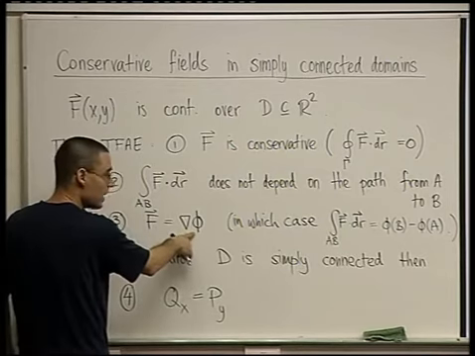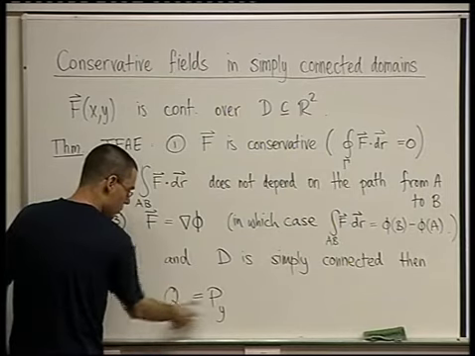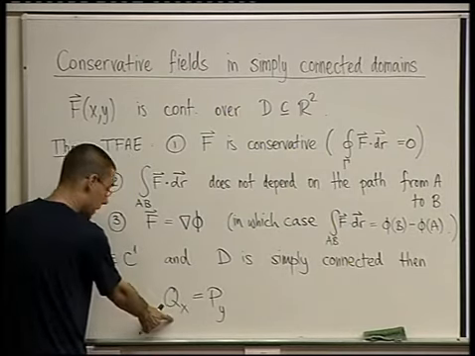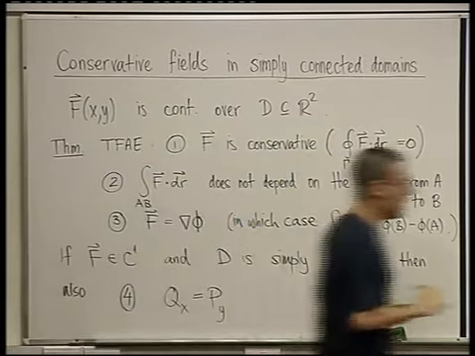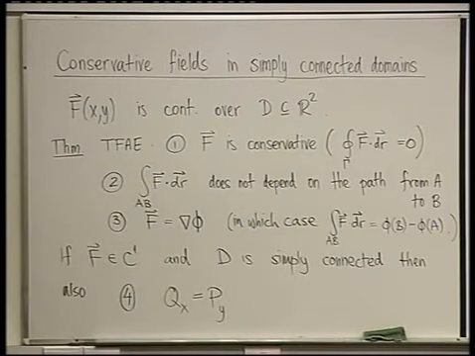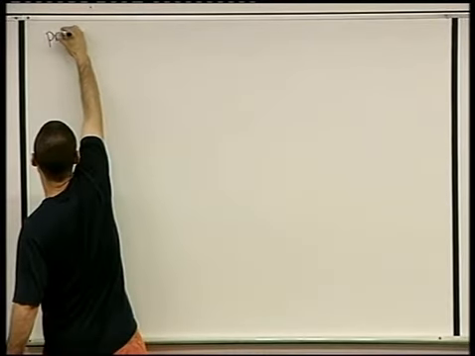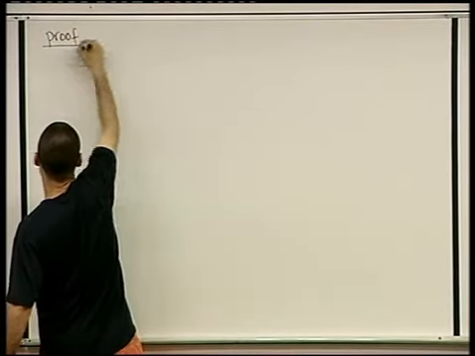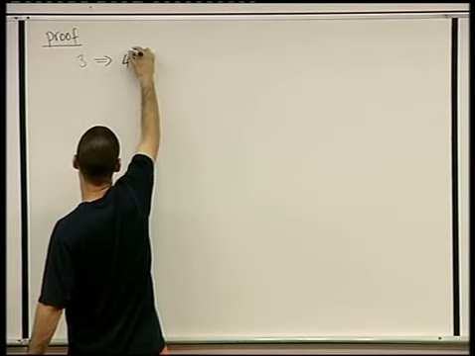F has a potential, and I'm going to prove that the components of F, P and Q, satisfy this under the extra assumptions written here. So let's do that. So this is the proof of the fourth part. So 3 implies 4.